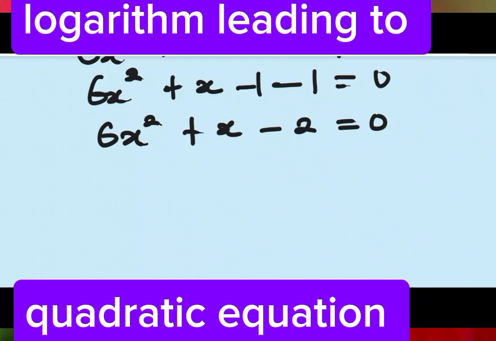There are 4 basic methods of solving quadratic equations. Number 1, factorization method. 2, completing the square method. 3, using the formula method, with the formula called the almighty formula.